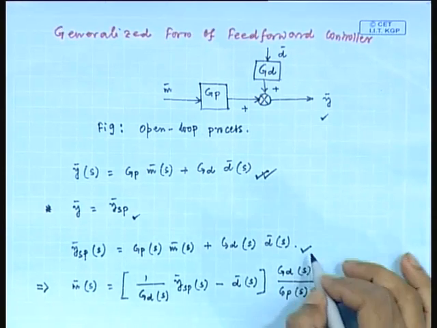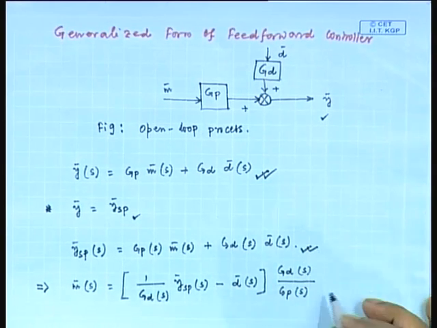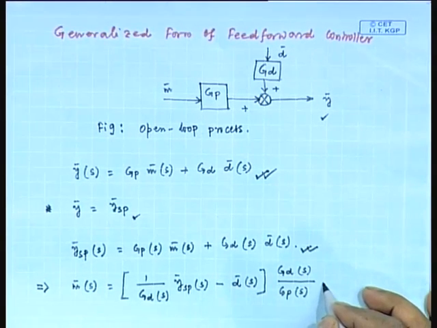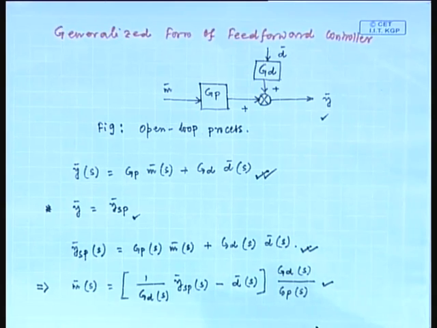If we rearrange this equation, we get this expression in the form of m, which is the input to the process.